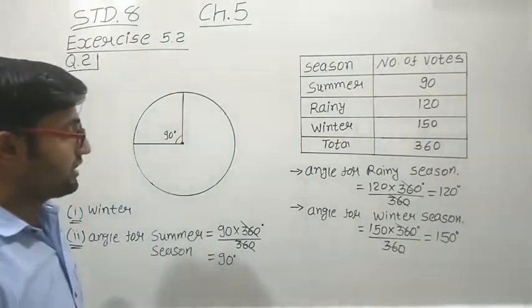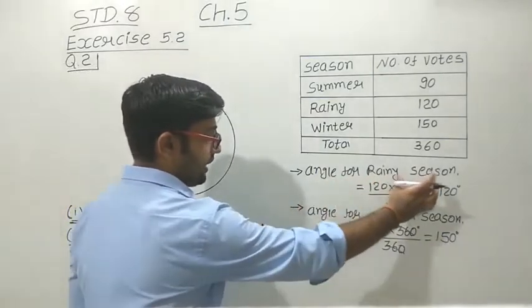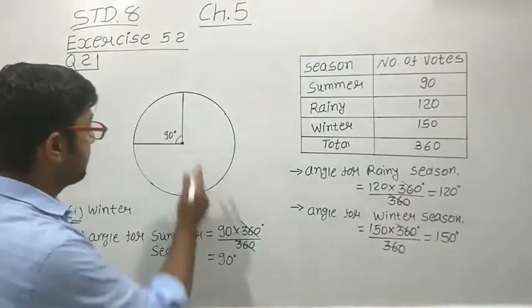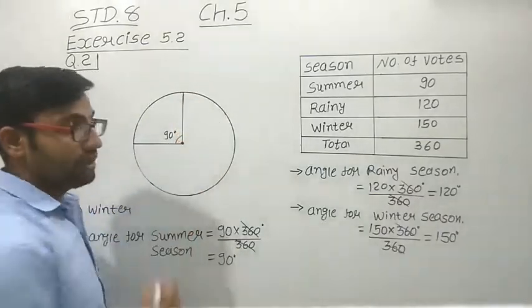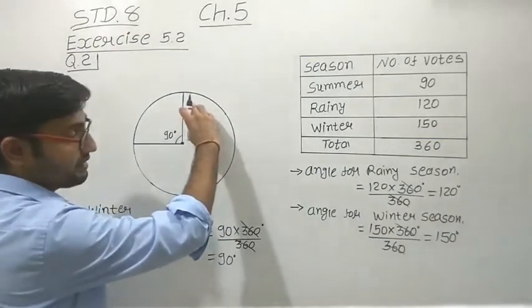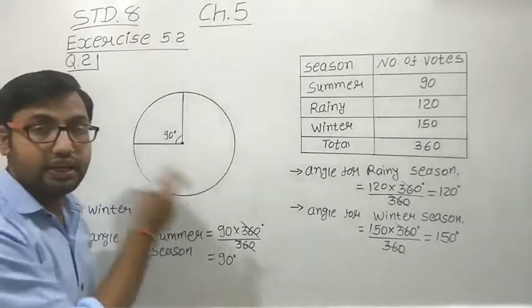Okay, now the second thing we have to construct is the angle for the rainy season, which is 120 degrees. So here this is one of the arms we have to consider. By taking this arm as a base, as a reference, we have to construct a 120 degree angle here.